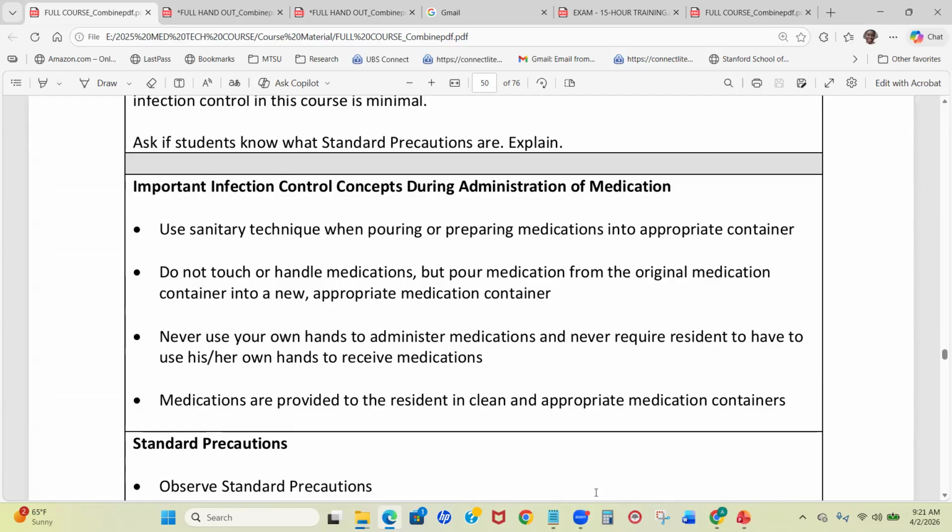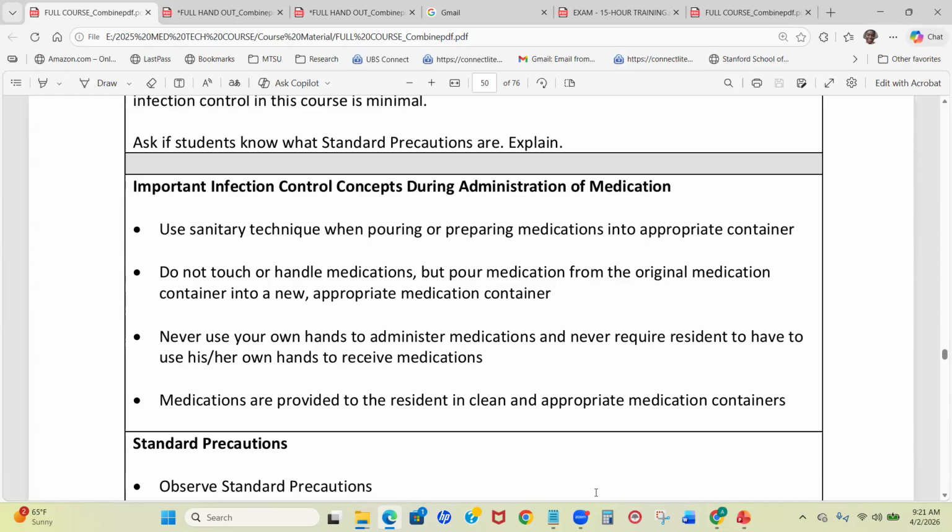Pour medication from the original container into a new, appropriate container you are going to use to give out that medicine. Never use your bare hands to administer medications, and never require the resident to use their own hands to receive the medication. Leave it in the medicine cup.